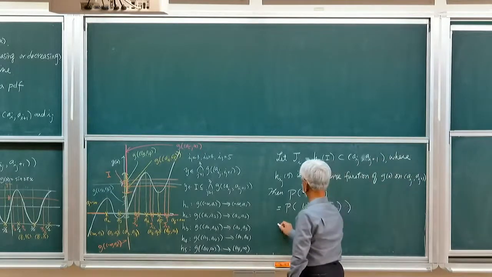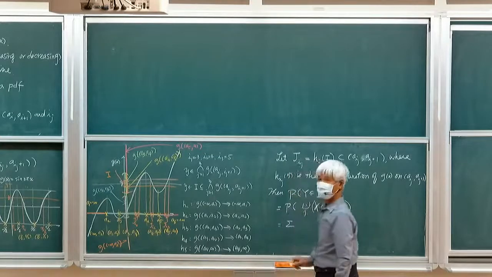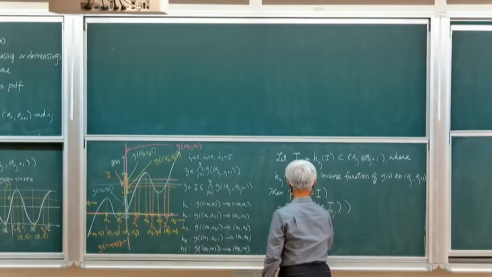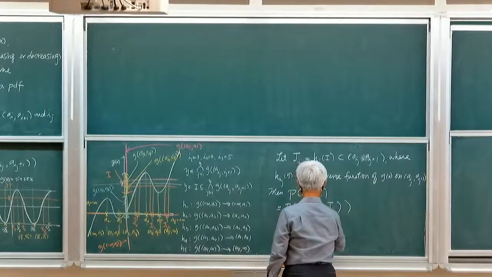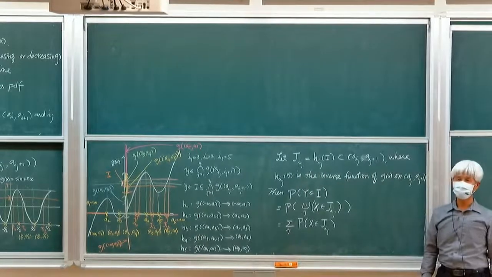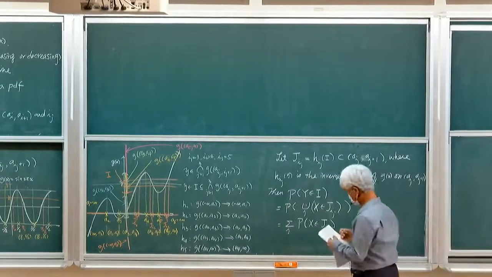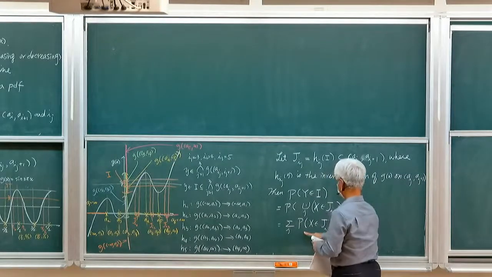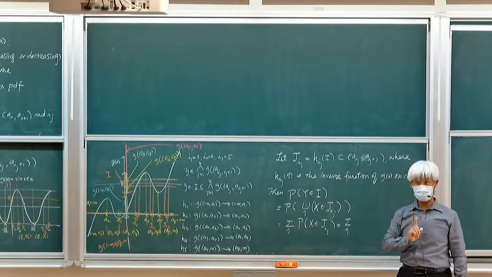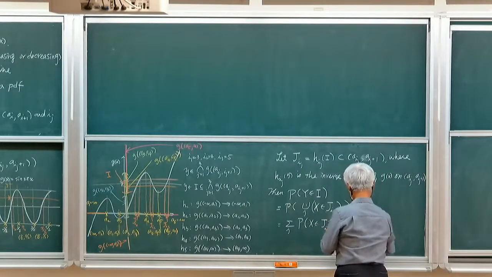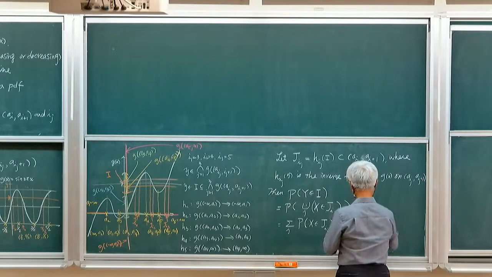Because this is a disjoint union, we have the summation, by finite additivity of the probability measure. And what is that? Because X has a PDF, this is the integral over J sub I sub j of f of x dx.